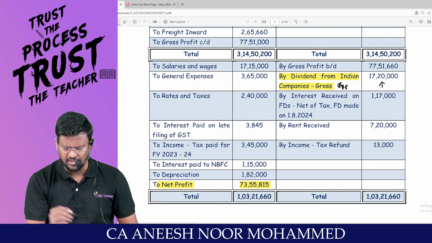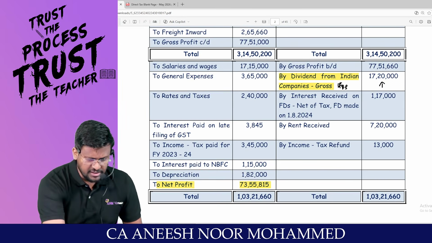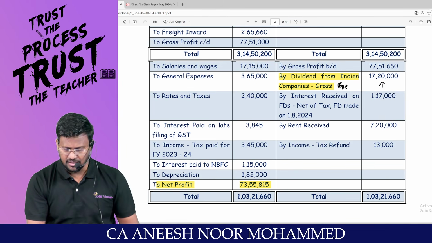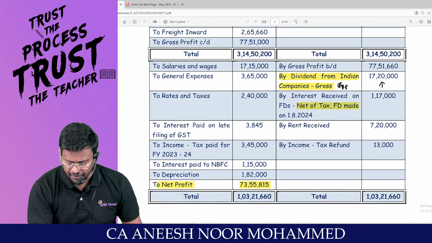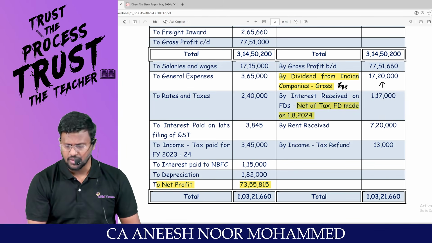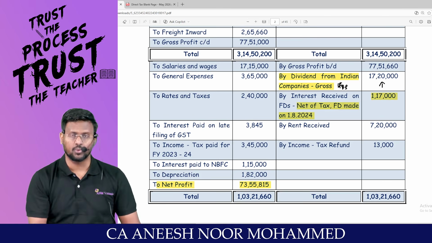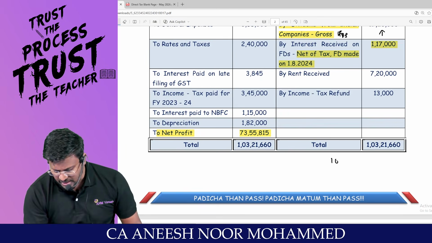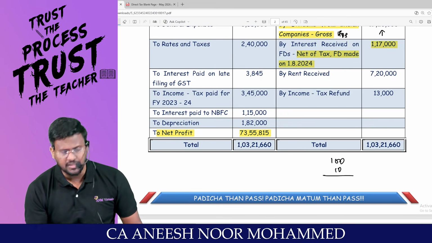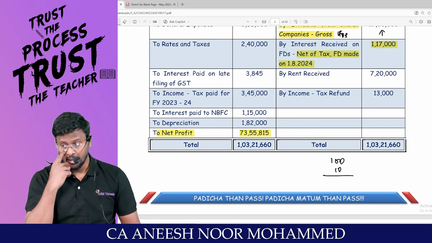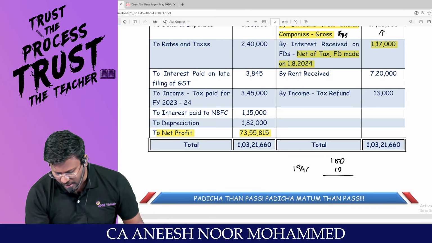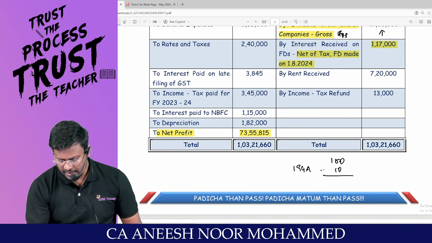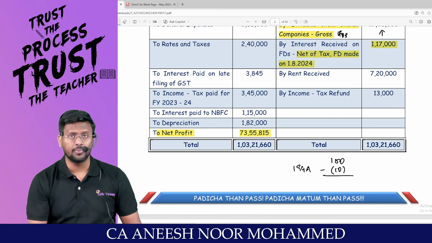Easy game always. By interest received on FD, yes, if we put an FD, the bank will give us interest. Net of TDS, FD made on 1/8/2024, 1,17,000. So my dear lovable students, if 100 rupees is the interest, the bank would have deducted 10 rupees as TDS. Because under section 194A, that is interest other than interest on securities, 10% is the TDS to be deducted.